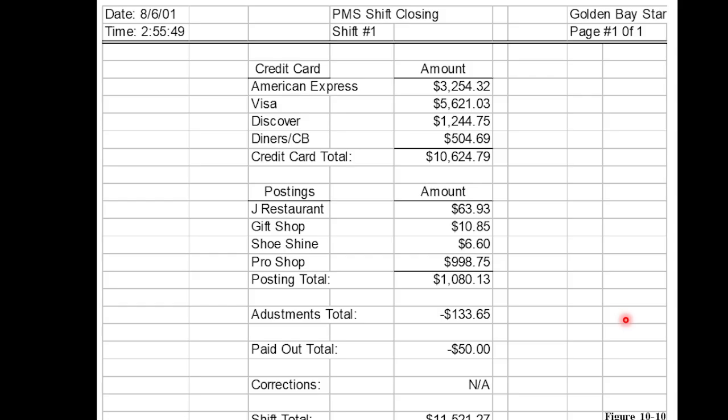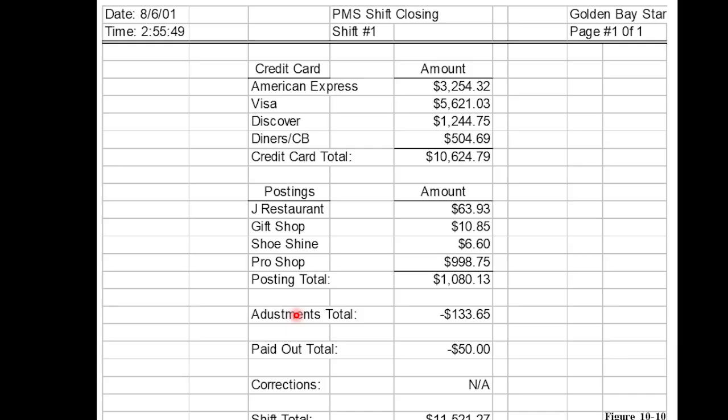So for the paid out total, we also have negative $50. This means the hotel pays cash from the front desk for operational needs. For example, taxi fare for the guest, then emergency supplies like tissue or whatever, and small purchases.